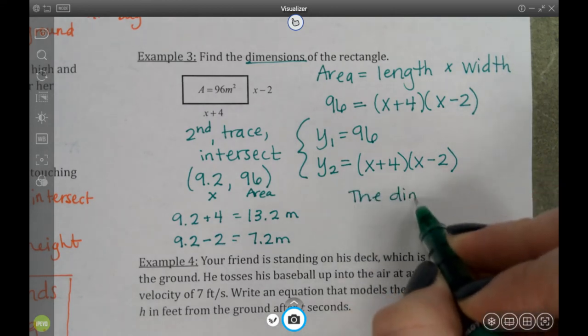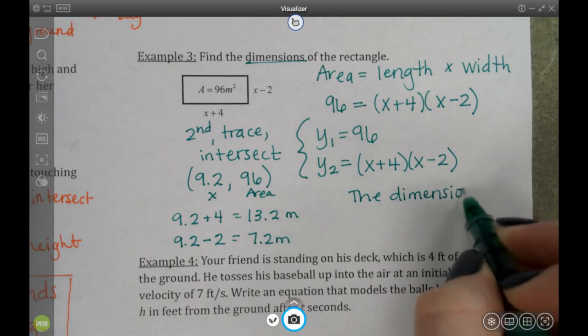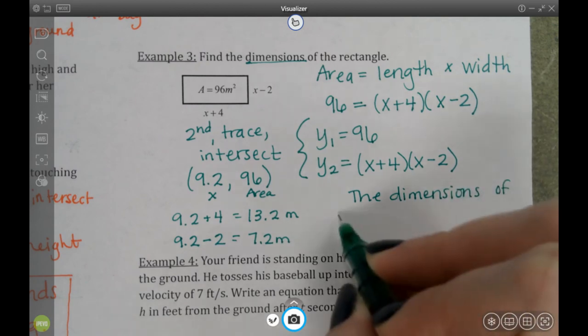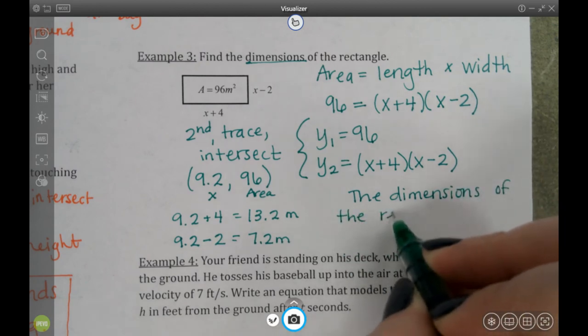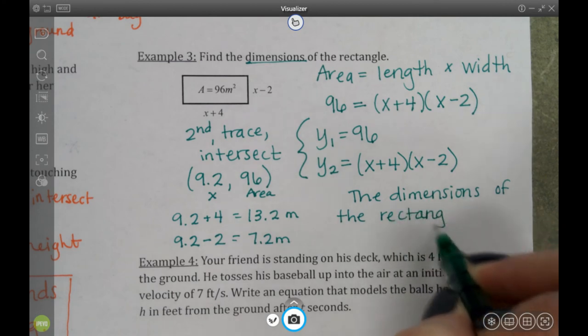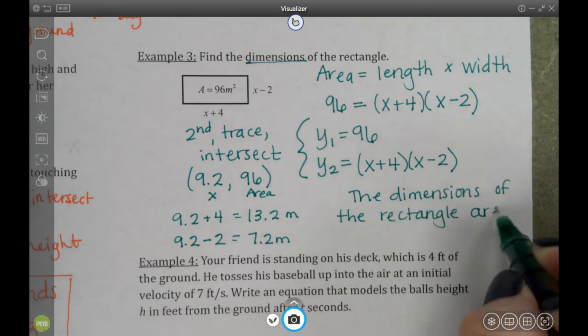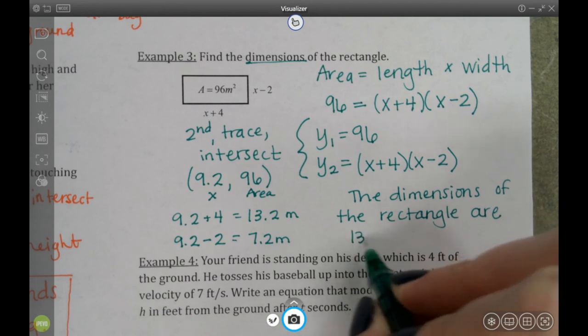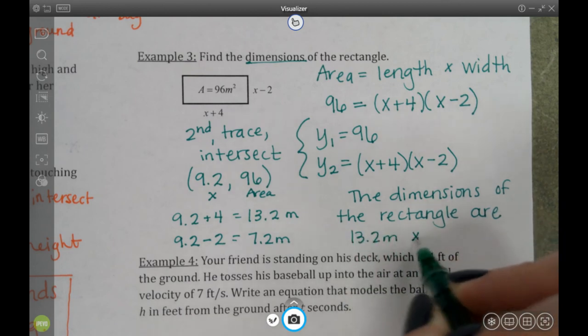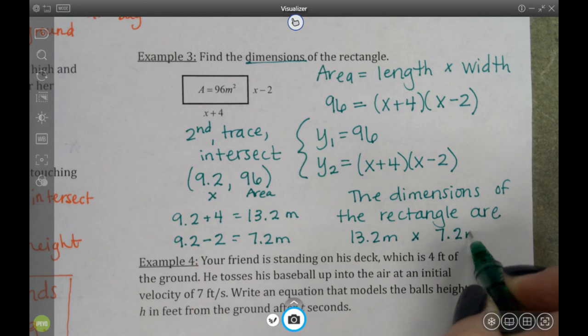So the dimensions of the rectangle are 13.2 meters by 7.2 meters.